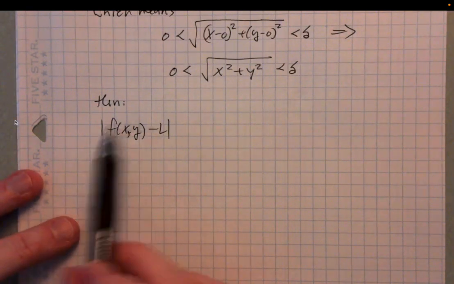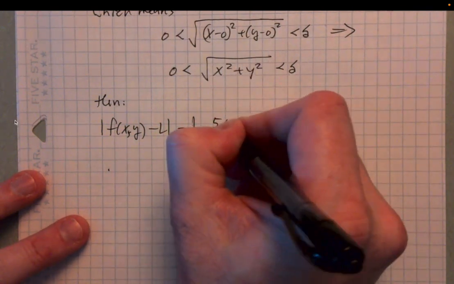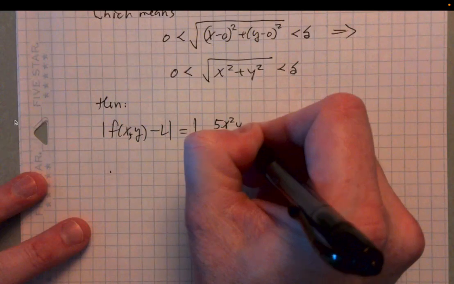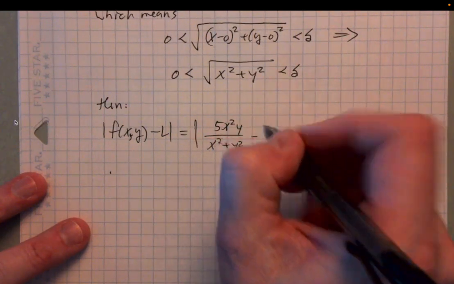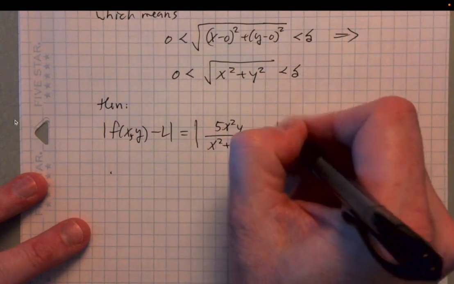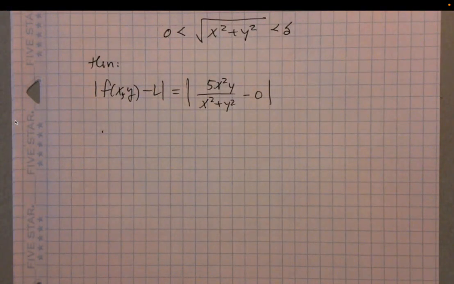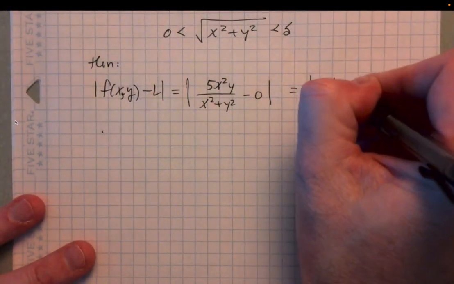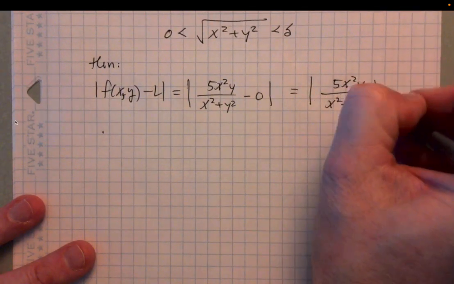Well, this is just the starting expression. Let's plug in the actual quantities now: the function f of x, y, or 5x squared y over x squared plus y squared, minus the limit value, which is 0. That's what we're told up here. So this is just 5x squared y over x squared plus y squared.